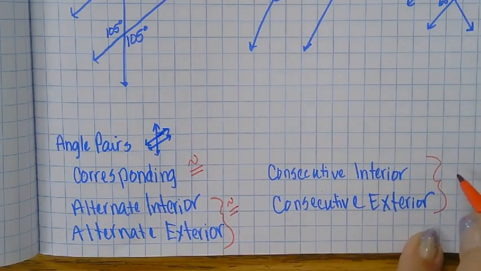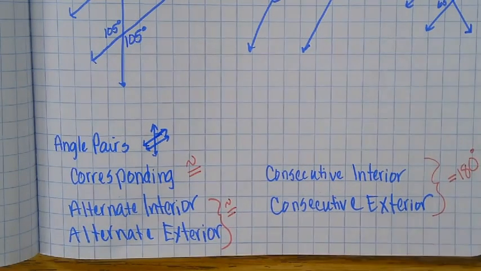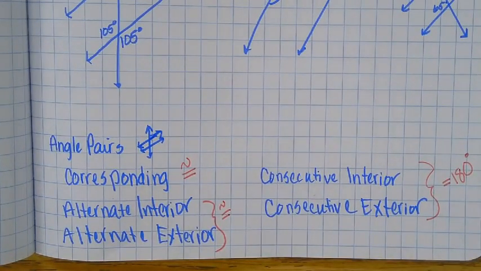Consecutive interior and consecutive exterior have a sum, or they add to 180 degrees. So the converse of each of these is just using the same information. If this information is true, then the lines are for sure parallel.